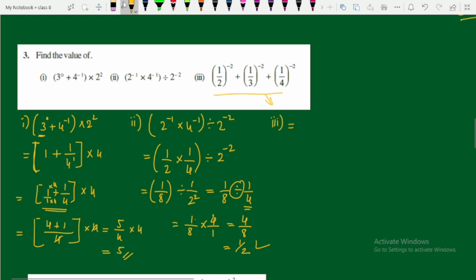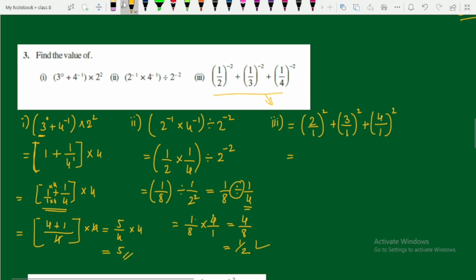1 by 2 whole raised to minus 2, can we write it as a positive exponent? So that is 2 by 1 whole raised to 2. Yes, correct. In the same way here, 1 upon 3 whole raised to minus 2, we can write 3 upon 1 whole raised to 2, plus 1 upon 4 whole raised to minus 2, we can write as 4 upon 1 whole raised to 2.